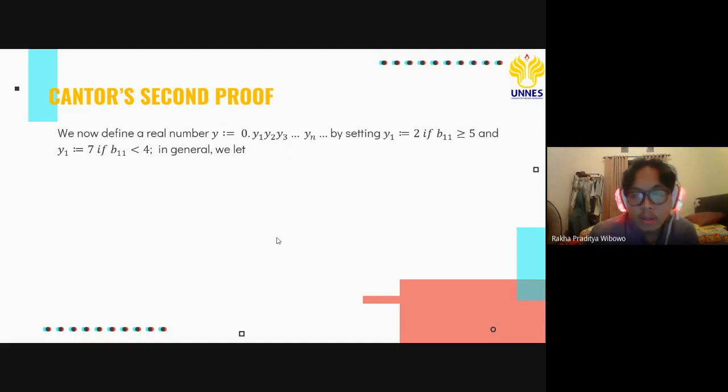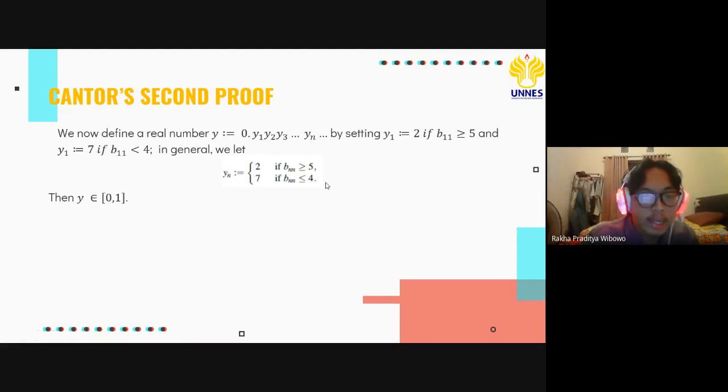to be equal to 3 if b11 is greater than or equal to 5, and y1 to be equal to 7 if b11 is less than 5. In general, we let yn be equal to 3 if bnn is greater than or equal to 5, and 7 if bnn is less than 5.